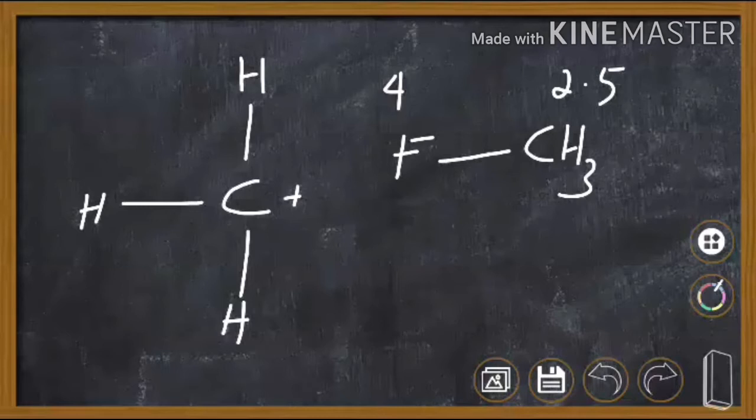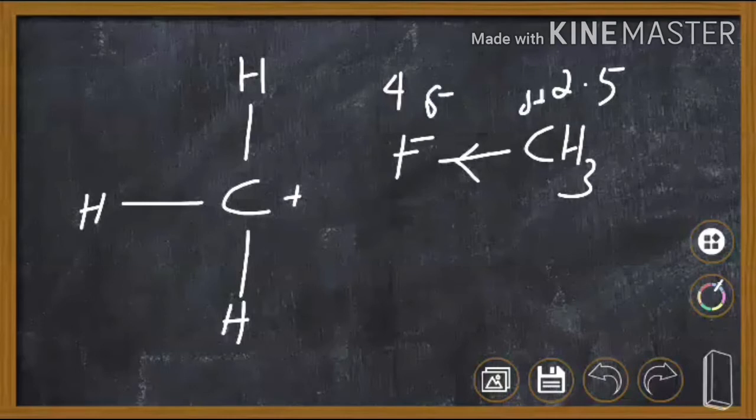So a pair of electrons is present in this C-F bond, and due to the electronegativity of fluorine, this electron pair is more attracted towards fluorine. Due to this electronic movement, we can see a partial charge development, here a partial negative charge, here a partial positive charge.